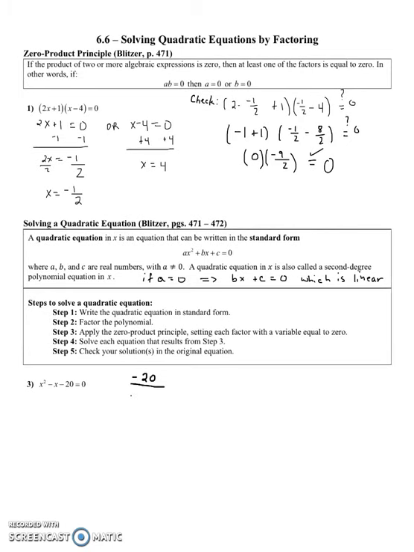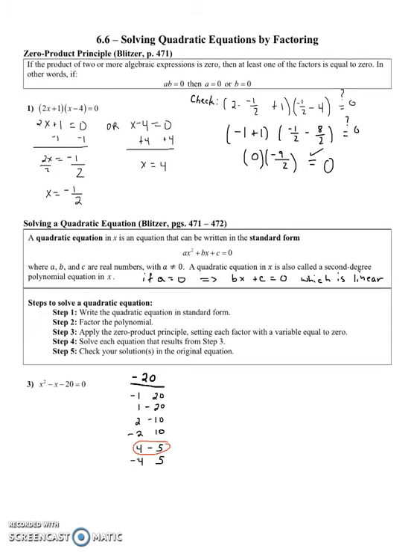So let's see, we have -1 and 20, 1 and -20, 2 and -10, -2 and 10, 3 doesn't go, 4 and -5, or -4 and 5. So which one of those adds up to give us -1? Well, that's the 4 and the -5.